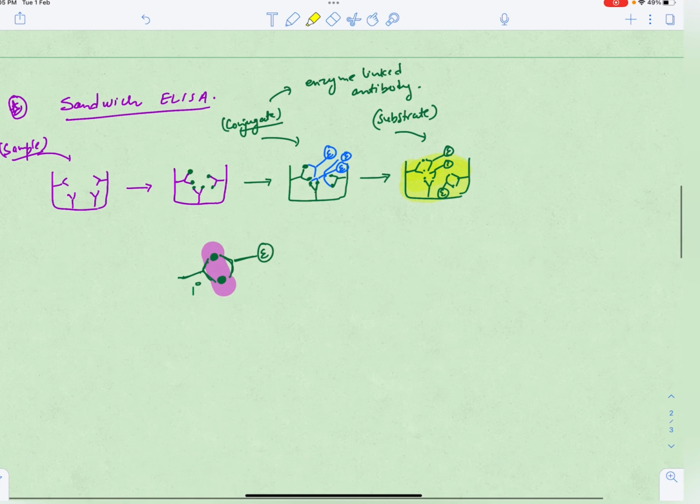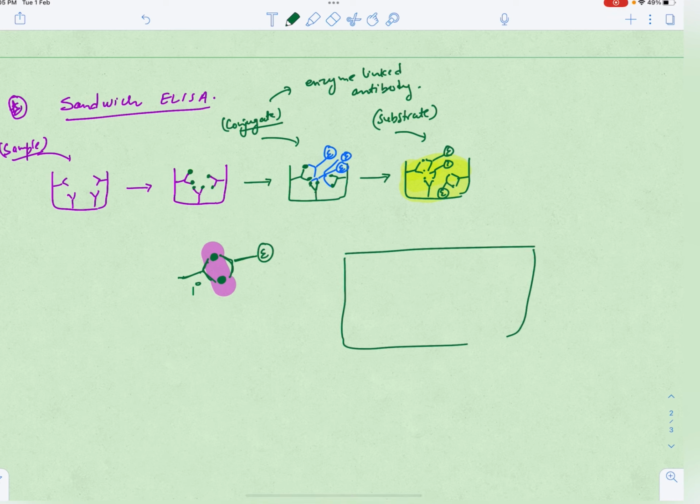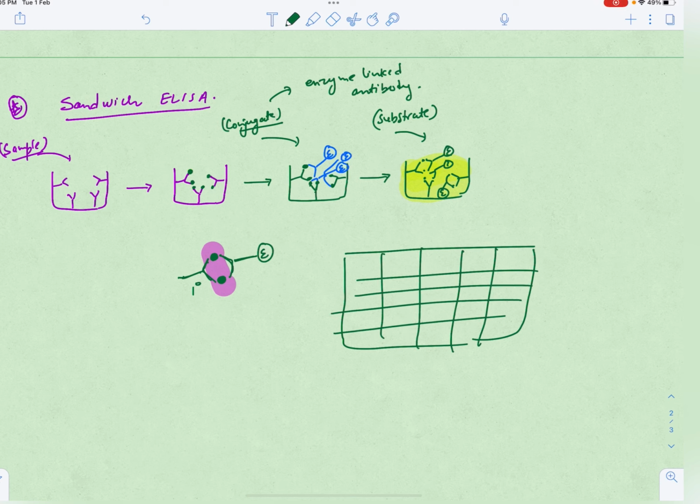Suppose I take the example of thyroid stimulating hormone, and suppose this is a 96 well ELISA plate. Obviously in all the tests that you do, you need a set of standards.